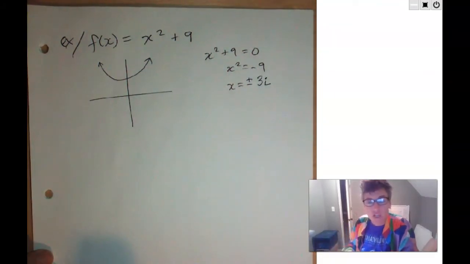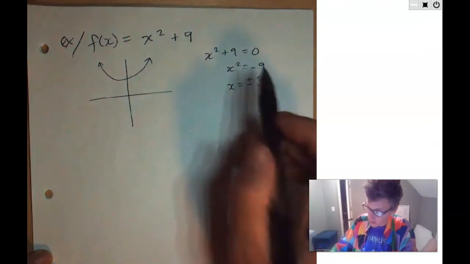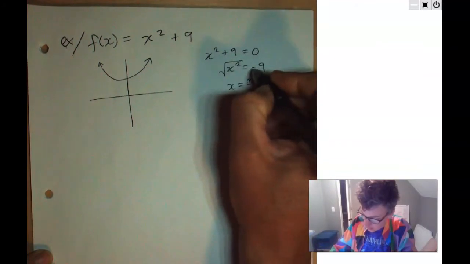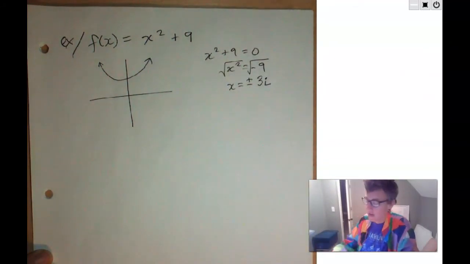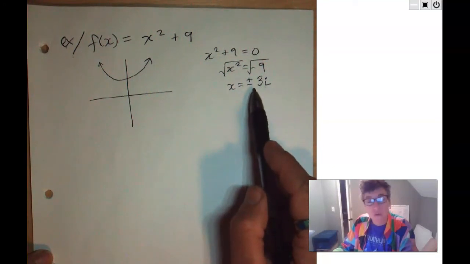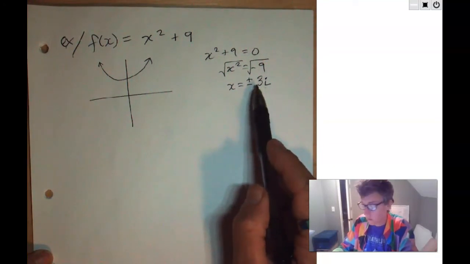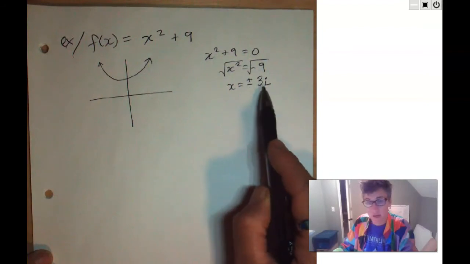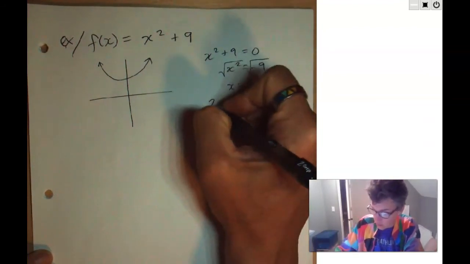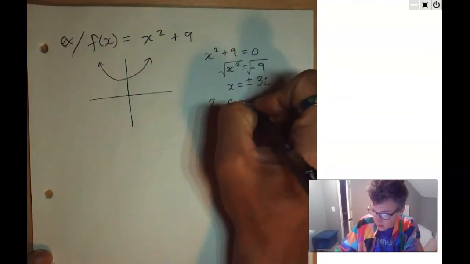We've got imaginary roots because we are square rooting a negative number. So we do have two roots. One is positive 3i, one is negative 3i. We just now have two complex roots.